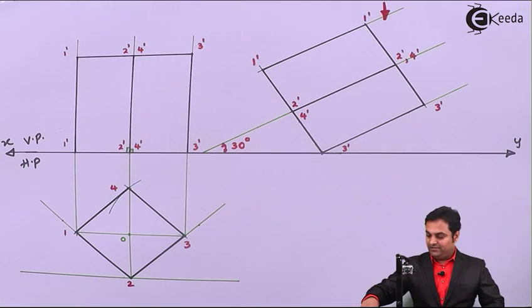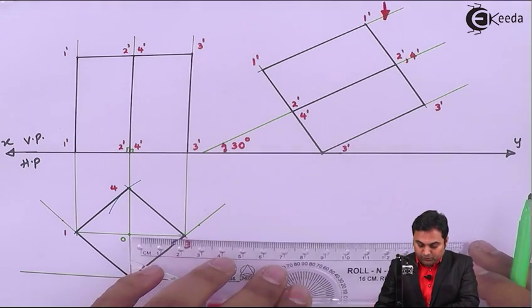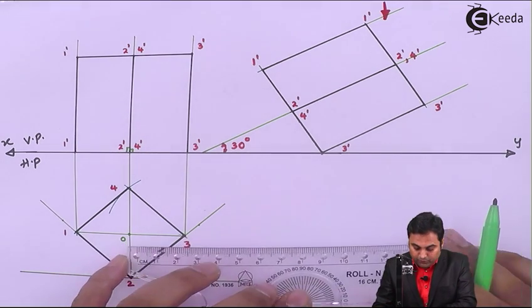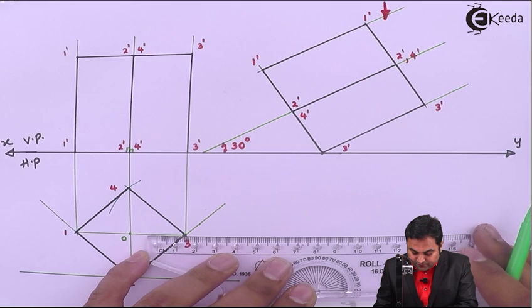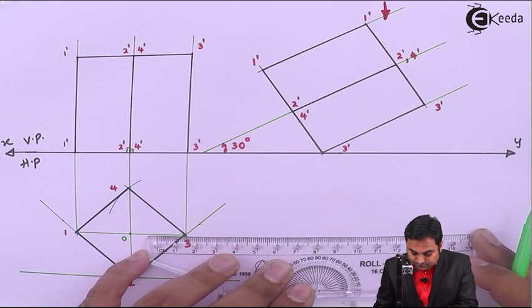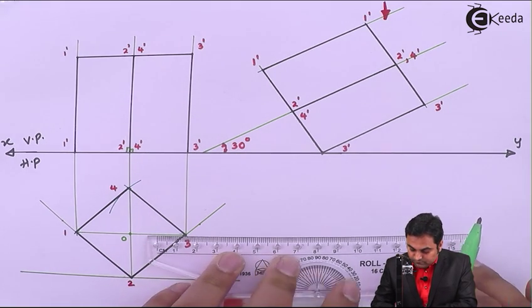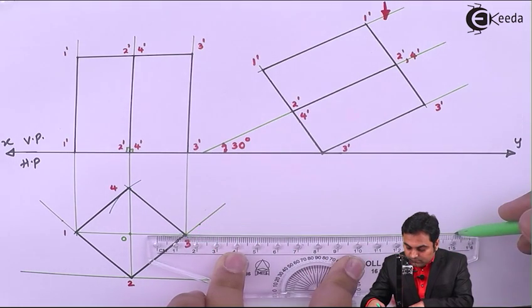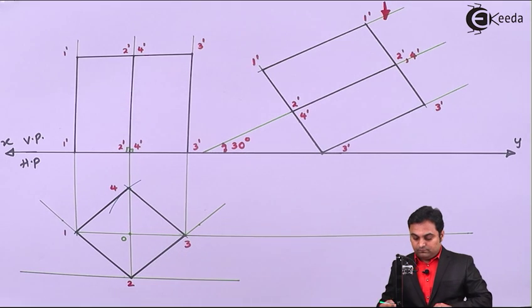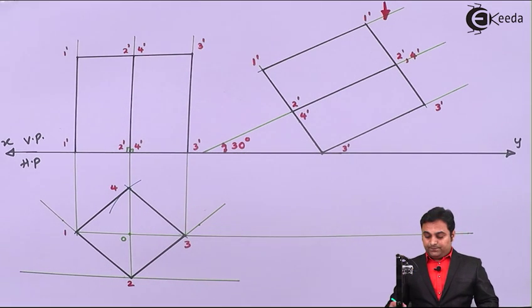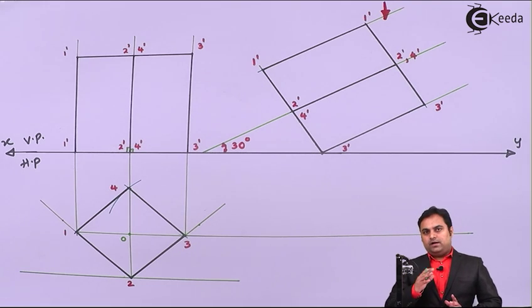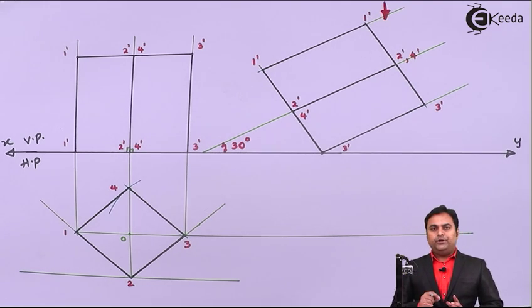Let us get started. Here, starting with point 1 and 3, they are onto the same line in the top view. So this will be projected first. Next, in drawing, the sequence is quite important. We need to mark one point at a time.